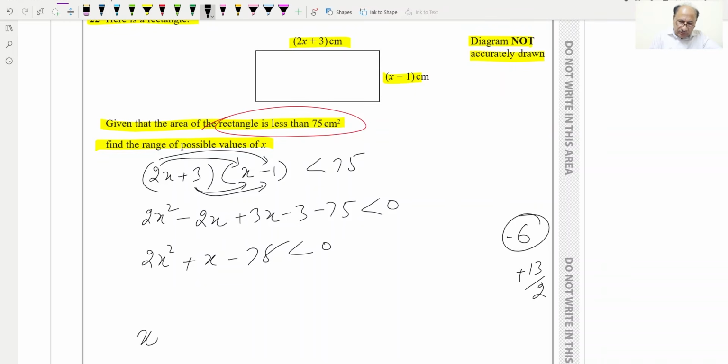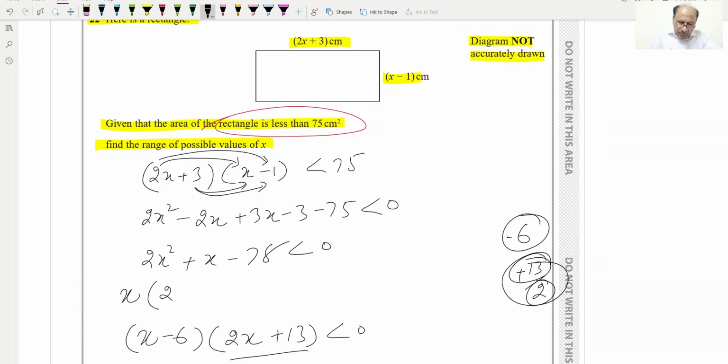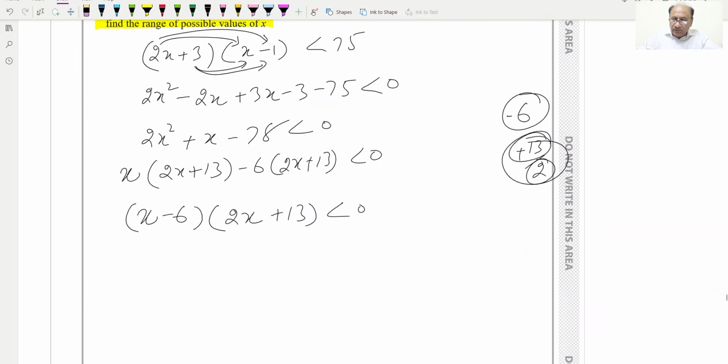So x, for the additional step which will be showing working. So this is x minus 6, and when we use this I will write the denominator with the x, so 2x plus 13 is less than 0, and as an intermediate step we will be writing x and this whole thing in bracket 2x plus 13 and minus 6 into 2x plus 13 less than 0, and this is done. This is the complete working which we have shown, and this additional information I'm just deleting.